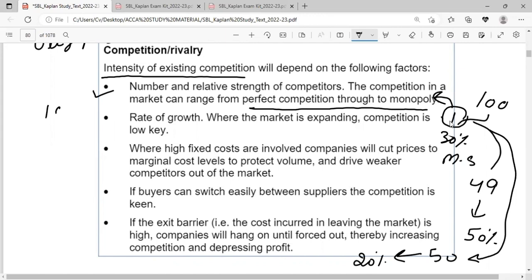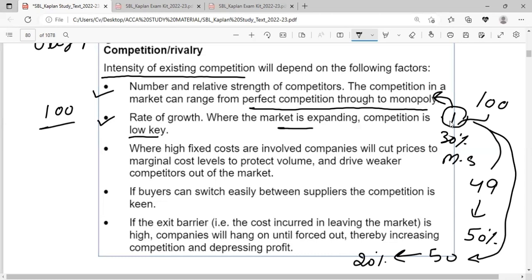On the other hand, there are 100 sellers in the market. Each one of them is having, suppose, an equal market share. So no one can dominate the market. Number two is rate of growth. Where the market is expanding, competition is low key.